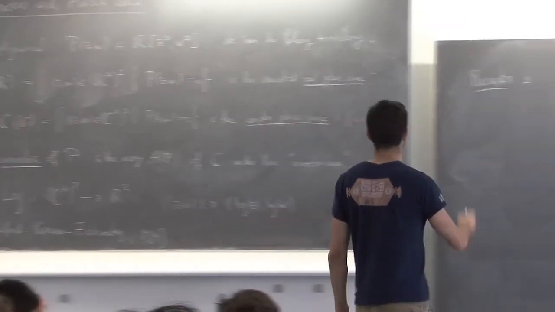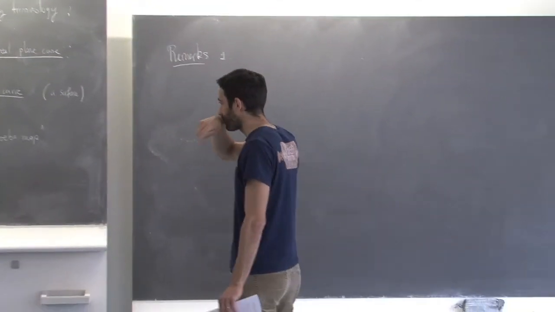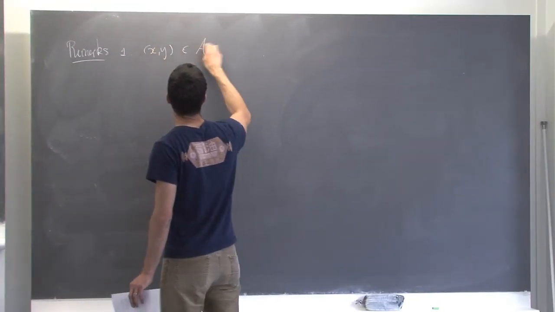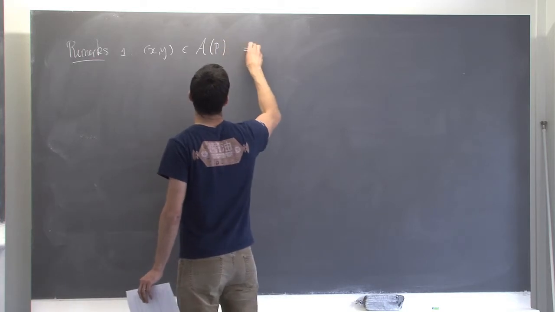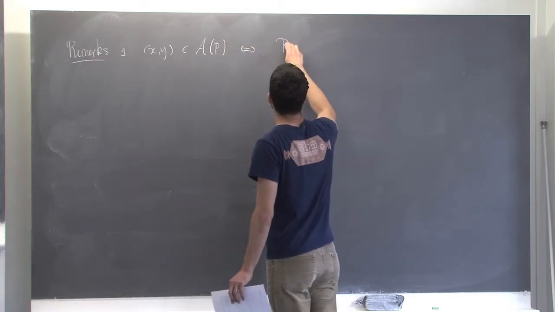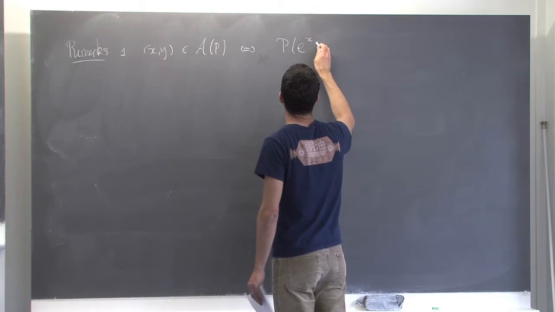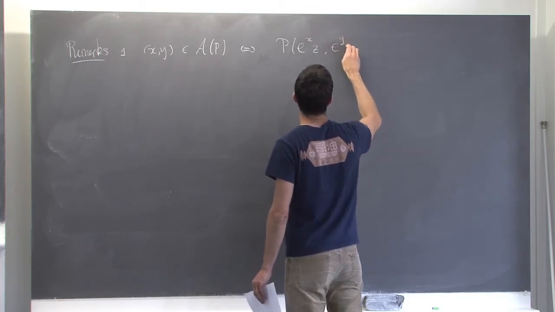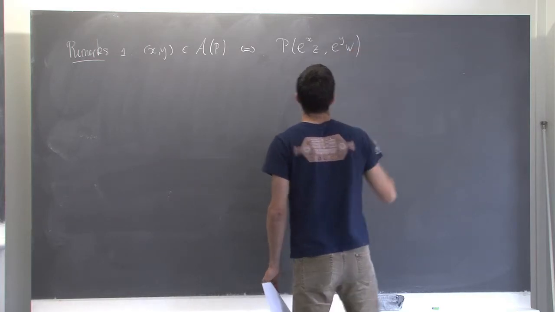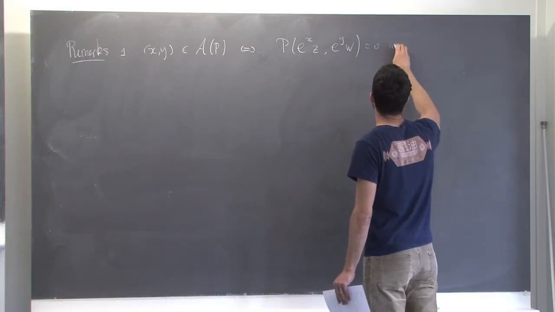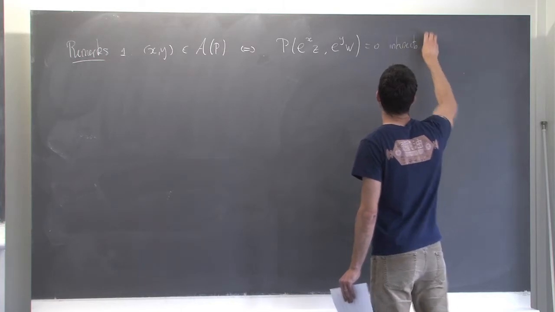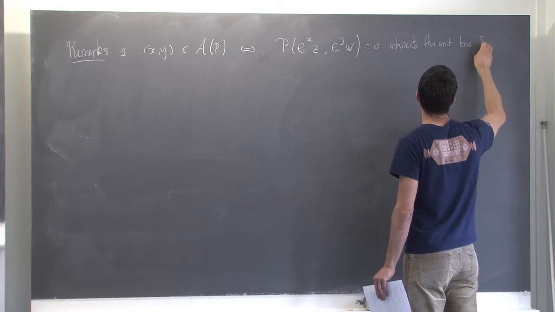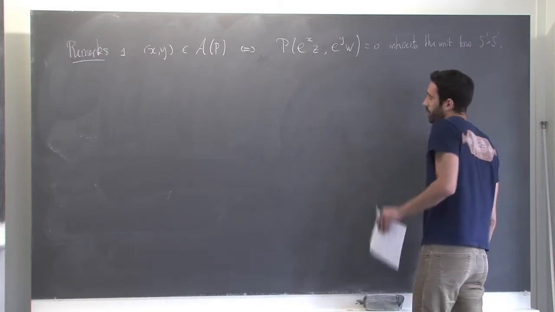Okay, first note that (x, y) belongs to the amoeba of P if and only if P(e^x z, e^y w) = 0 intersects the unit torus. This you can check directly.